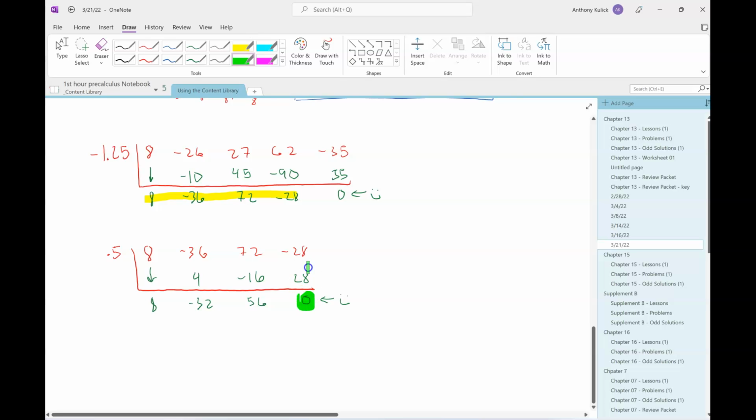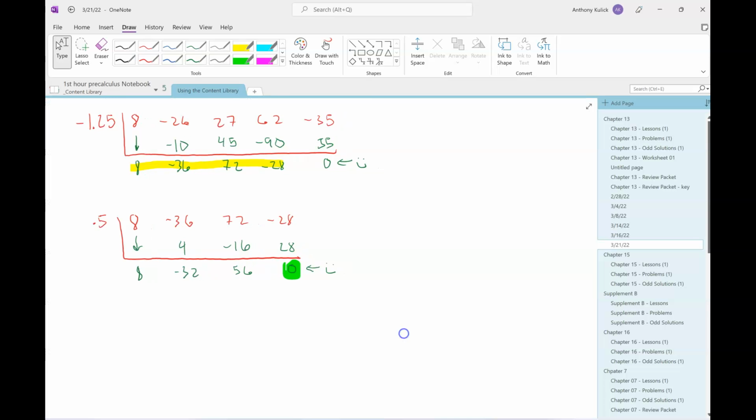Yeah, the remainder wouldn't be 0. Now, in a case like negative 1.25, if I got a non-zero remainder, I would probably chalk that one up to an arithmetic mistake, and go back and double check my synthetic division, because Lord knows that can happen.